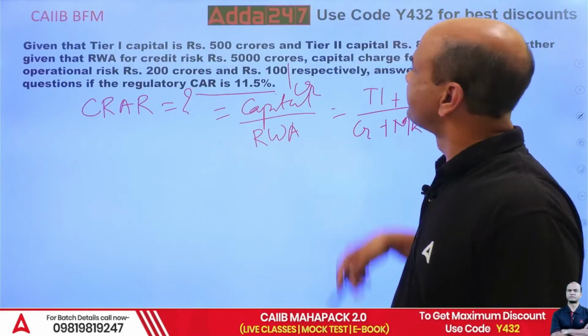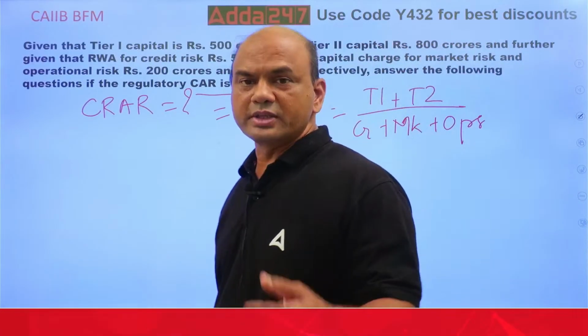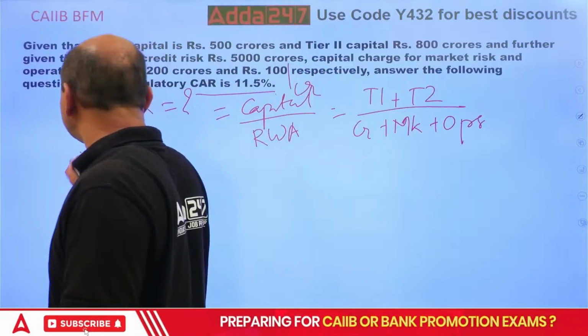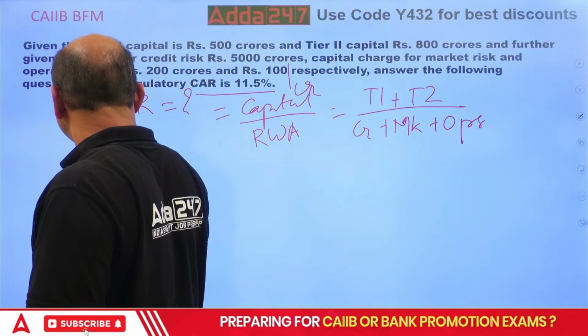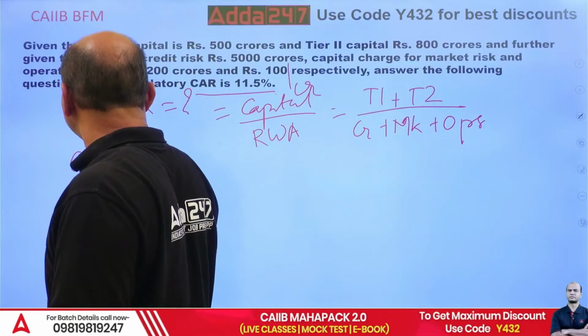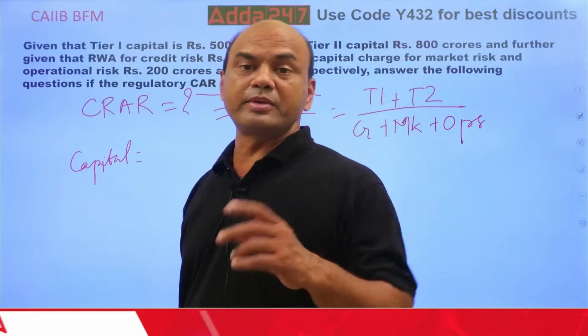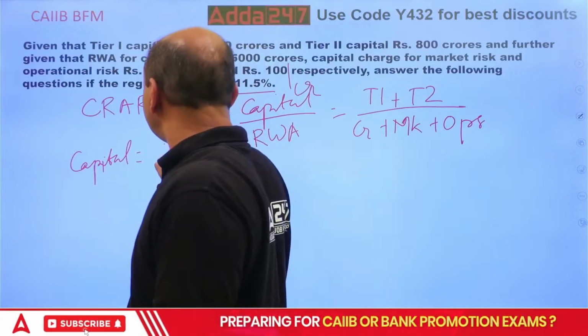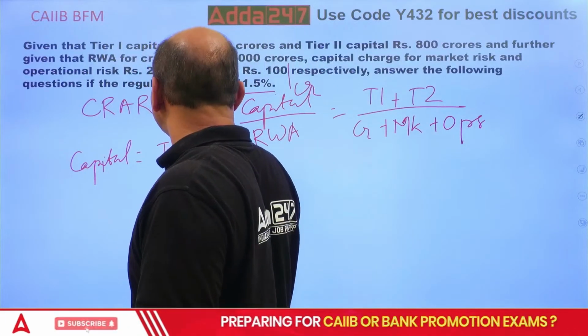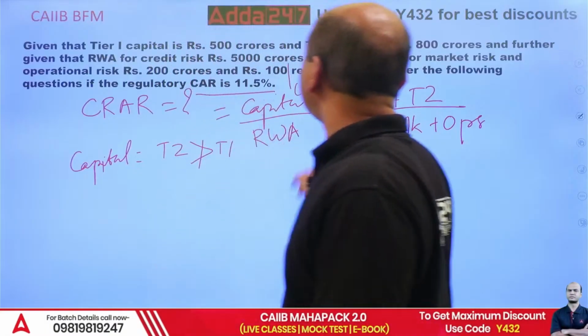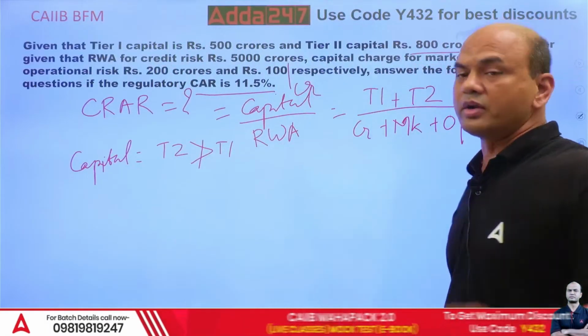Now let's focus on capital. Kindly note one important point: T2 can never be greater than T1. So here T2 is given as 800, but you don't have to take 800.